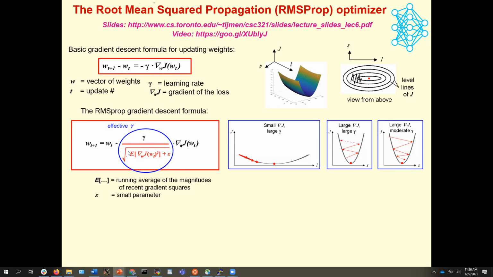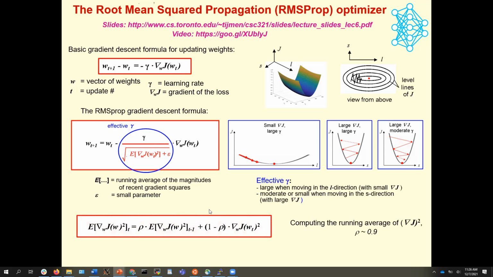But actually, the exact expression in the denominator is a running average of the square of the gradient of loss. It is updated as follows.